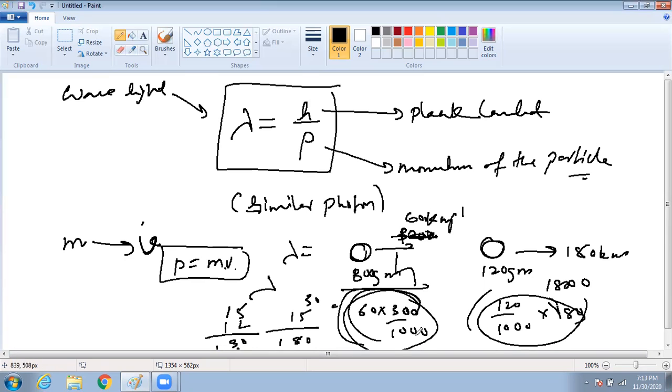This is also 18,000. Same, no? So the lambda for both will be the same, because this is also 18,000 by 1000. Here also same. So you can find out the lambda. Clear?